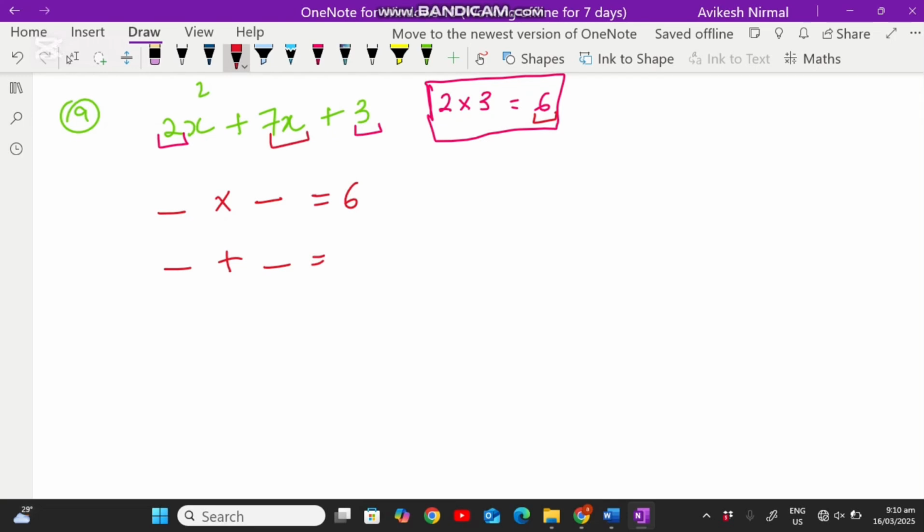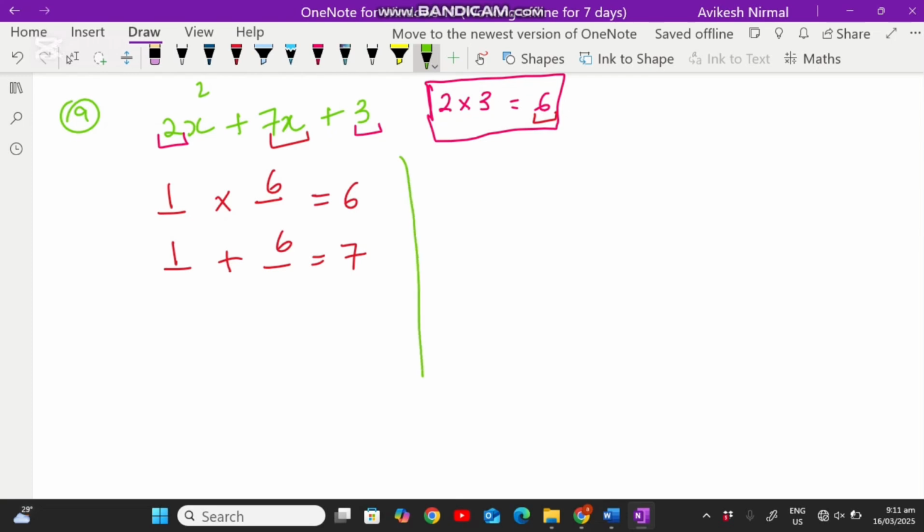Okay, so 7 here. Now what are the two numbers? It's 1 times 6, which is 6, and 1 plus 6, which is 7. Okay, now what will I do?